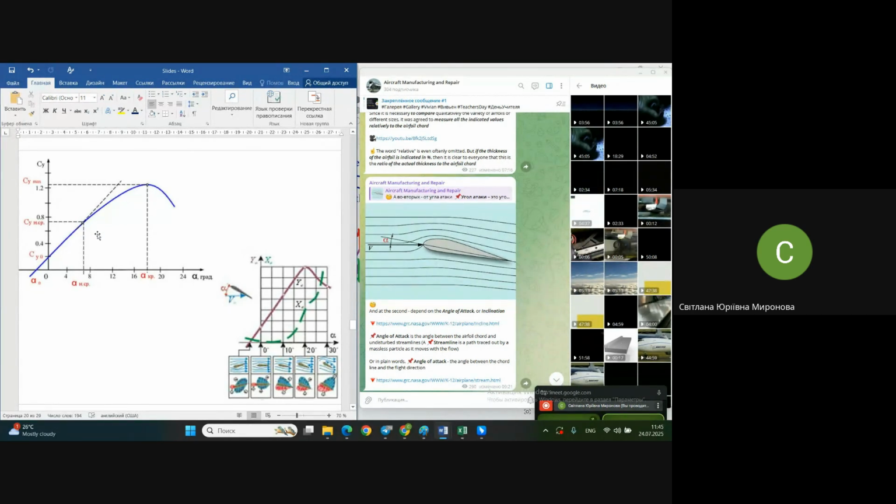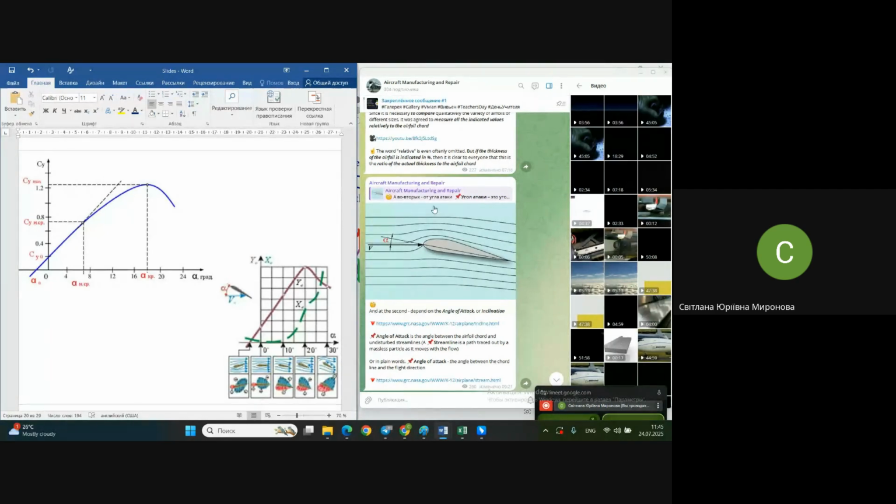We have special technical complexes, so-called wind tunnels, where we may study aerodynamical characteristics of the wing. And these aerodynamical characteristics are represented above all by the coefficient of lift and coefficient of drag. So the coefficient of lift typically looks like this.